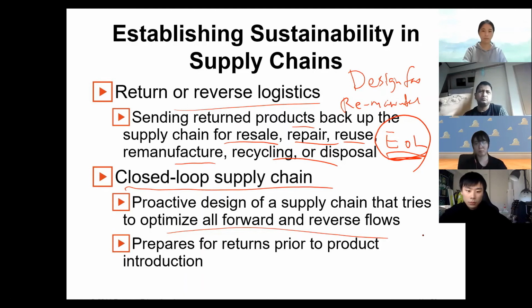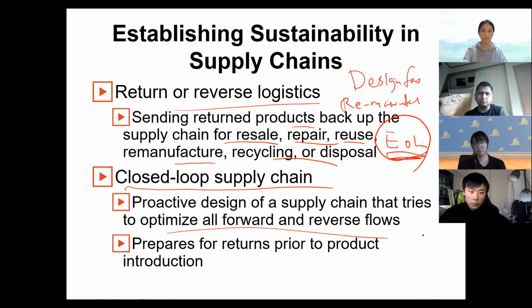You need factories that dismantle cars and separate them into valuable materials. There are also valuable materials in computers, like gold and silver, that can be recovered. You can recover the precious metals that exist in products.